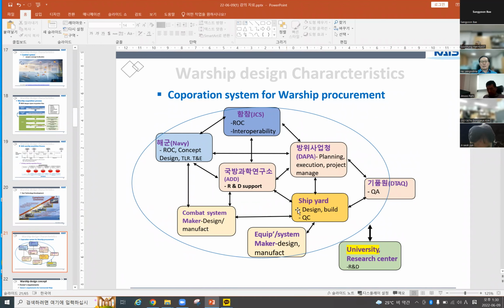For the shipyard, equipment makers supply complex system design, manufacture, and supply, and DQ, AQ, and quality assurance help the shipyard, and many universities and research centers help the shipyard. So if all the stakeholders cooperate very closely, then we can get the optimum warships.